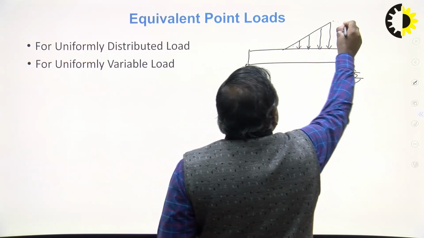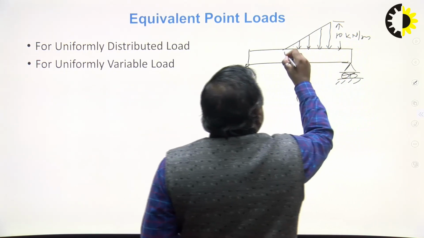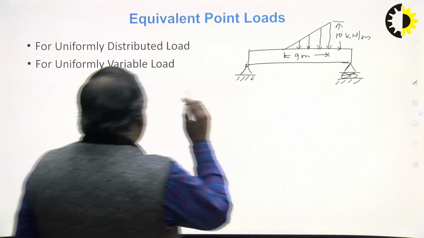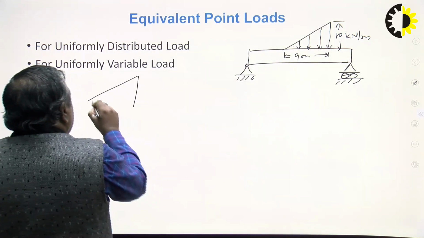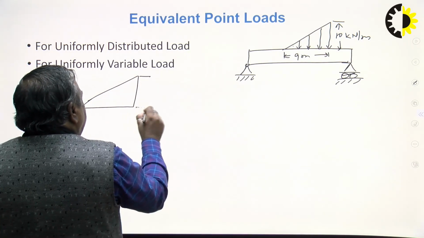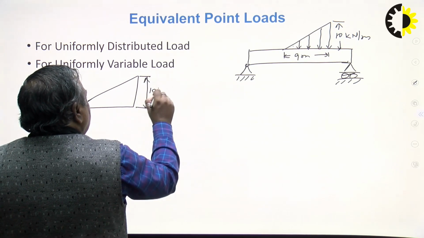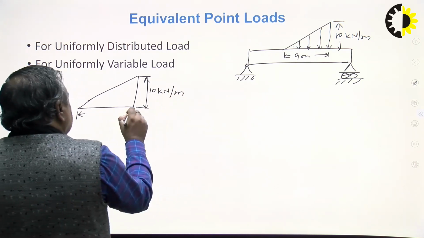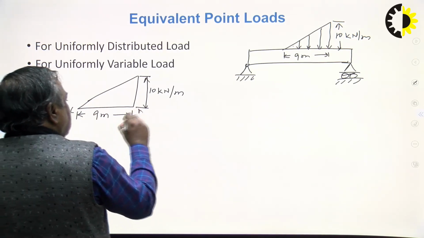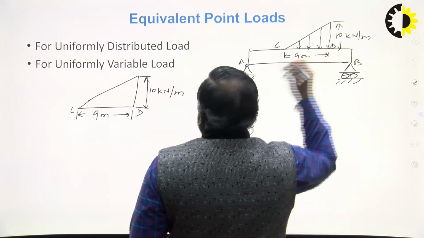The shape, suppose this is 10 kilonewton per meter and this is 9 meter. So this load diagram is a right angle triangle which is having a base of 10 kilonewton per meter and height is 9 meter from C to D. This is A, this is B, this is C, this is D.